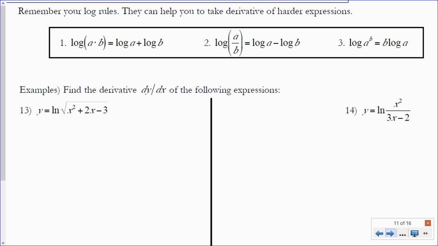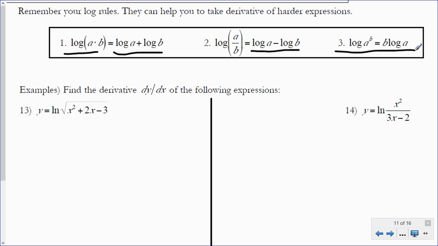Remember, if you're finding the logarithm of a times b, that equals log of a plus log of b. If you're finding log of a divided by b, remember that expands into log of a minus log of b. And then if you have log of a raised to the b power, you can bring that exponent down in front and multiply it times the logarithm.